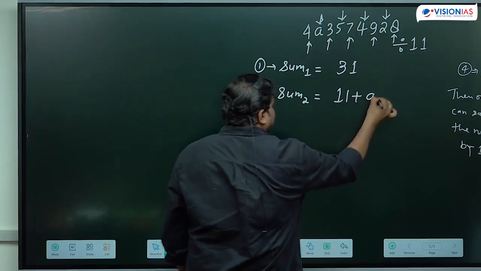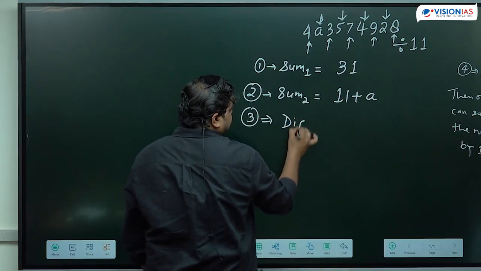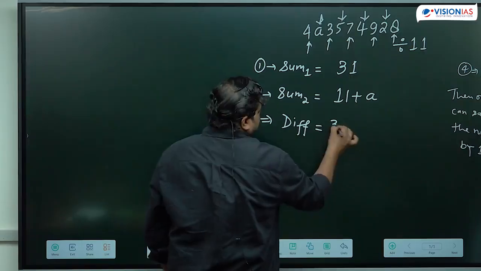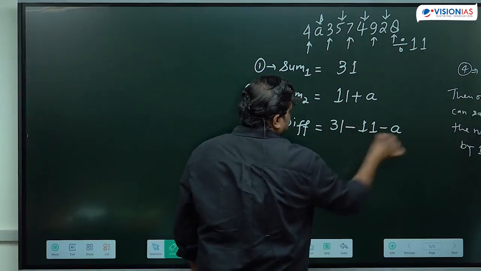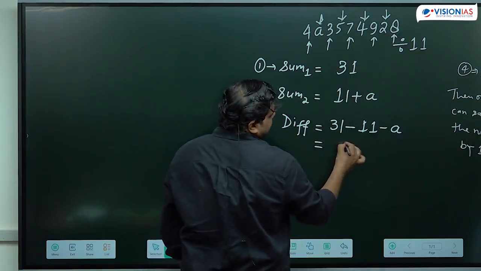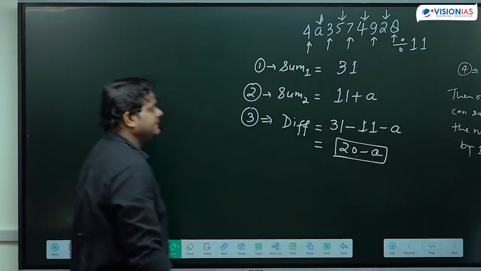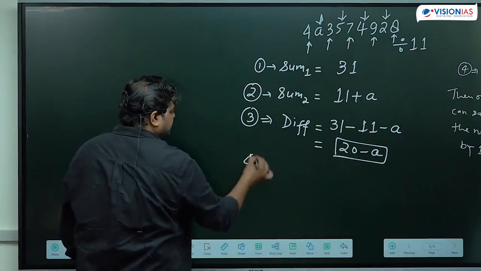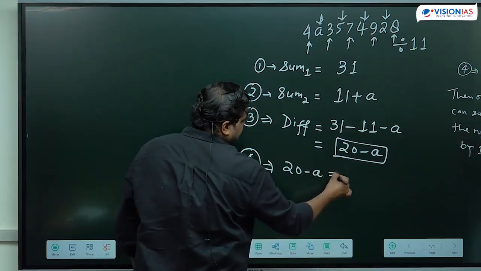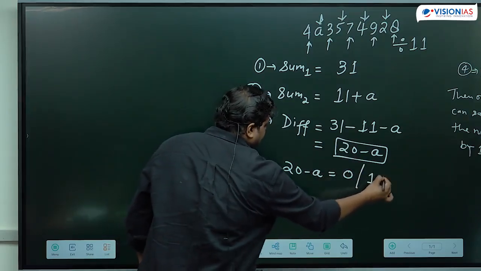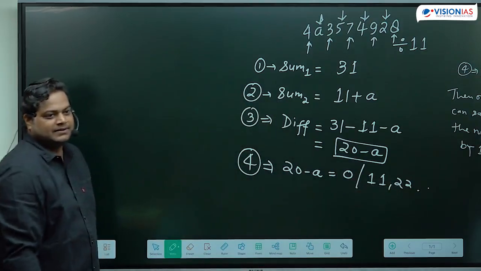11 plus A. Third step में we can calculate what is the difference. 31 minus 11 minus A. What we are getting? 20 minus A. Fourth step में we need to check कि this 20 minus A, this difference is equal to 0 or multiple of 11. है ना?